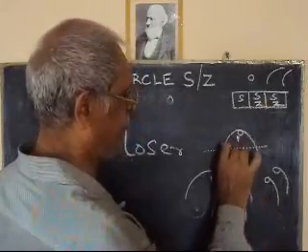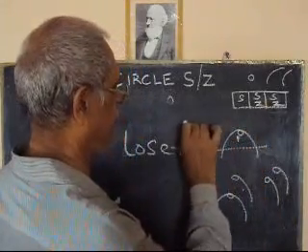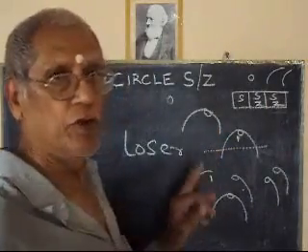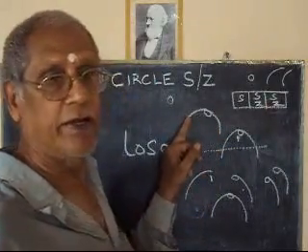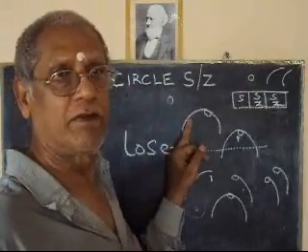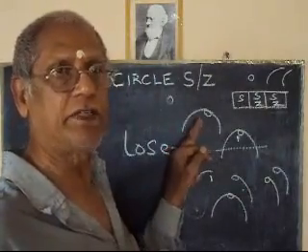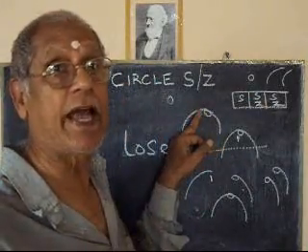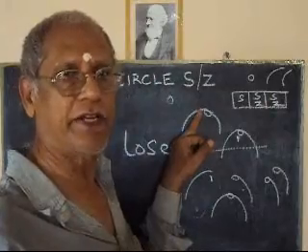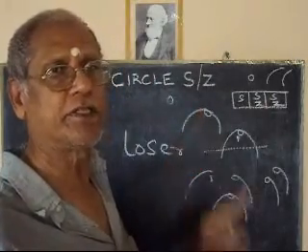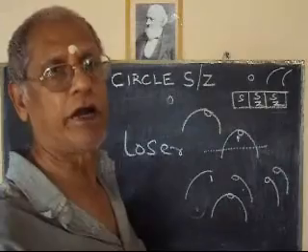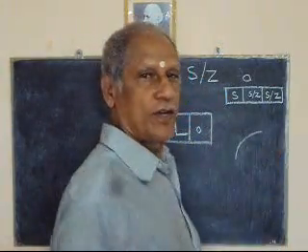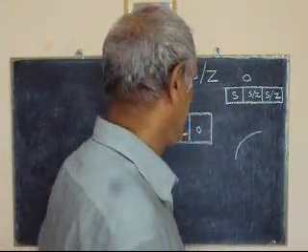Upward L is convenient. So loser. That is correct. So the rule says L, when preceded or followed by a circle which is attached to a curve, is written in the same direction as the circle. Circle in which direction you are writing? In the same direction this L should be written, whether upward or downward L. You see, L is also a curve, isn't it?